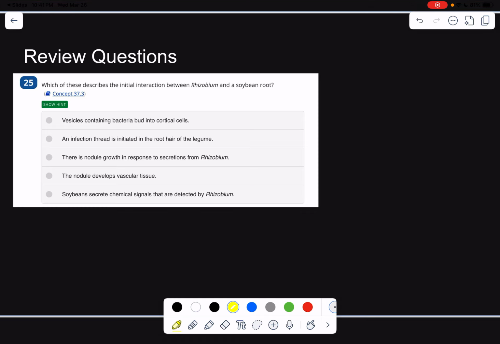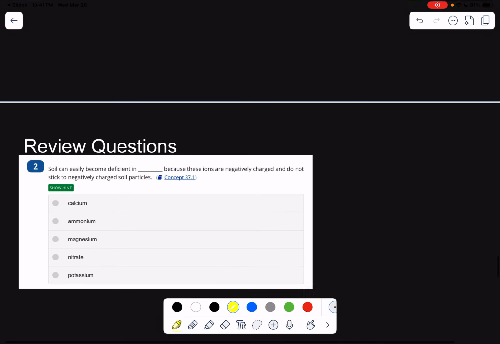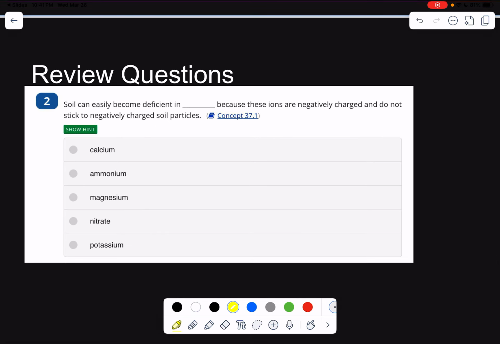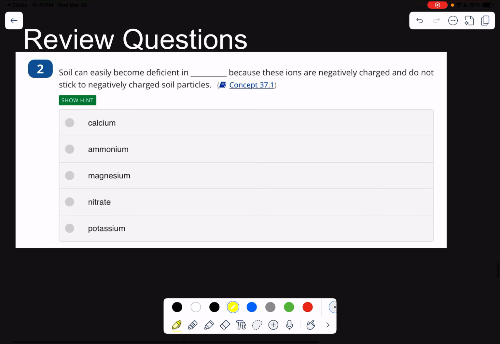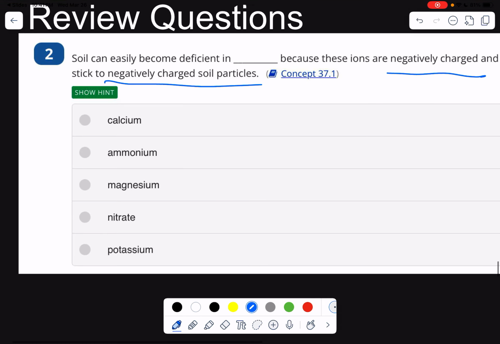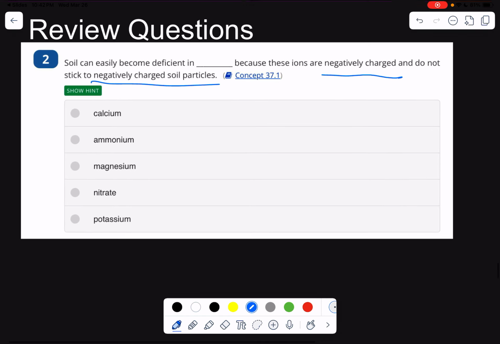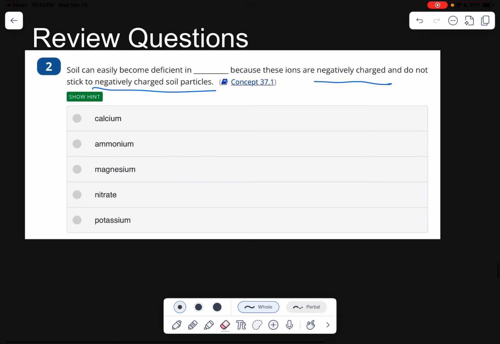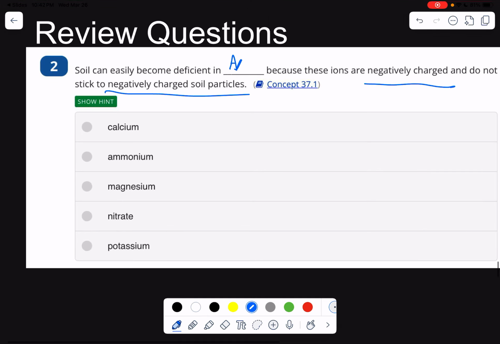In the meantime, let's go to another question. Number 2, soil can easily become deficient in blank because these ions are negatively charged, that's our first keyword, and do not stick to negatively charged soil particles. So that means that our immediate course of action should be to identify that soil can become deficient in anions.